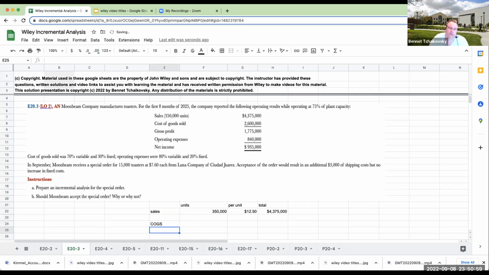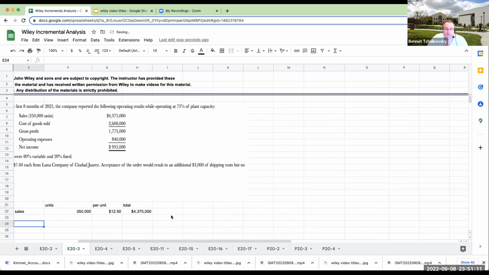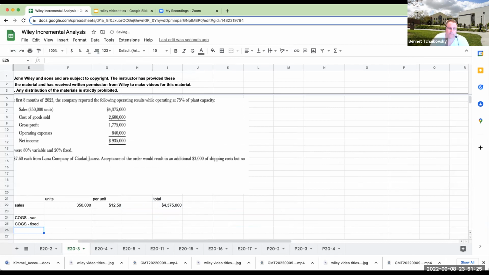Let's now go to cost of goods sold. It tells us that our cost of goods sold is 70% variable. We'll put it as cost of goods sold, variable, and cost of goods sold, fixed.